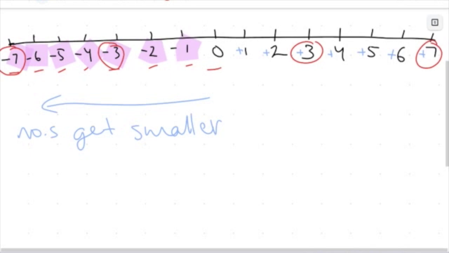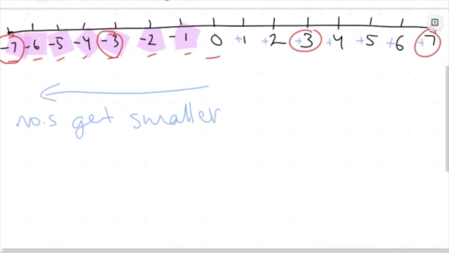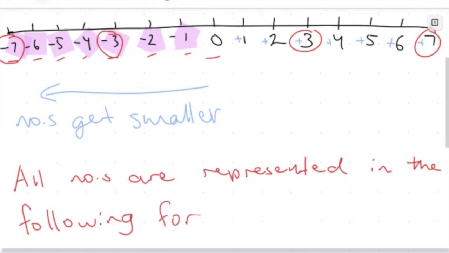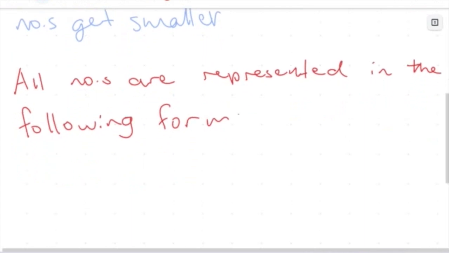Now, I know that's quite confusing, so we're going to have a lot of examples here. I'll write this little dot point, and you can copy this down if you'd like. All numbers are represented in the following form. Well, I should say all integers, all of these whole numbers that we've been looking at.